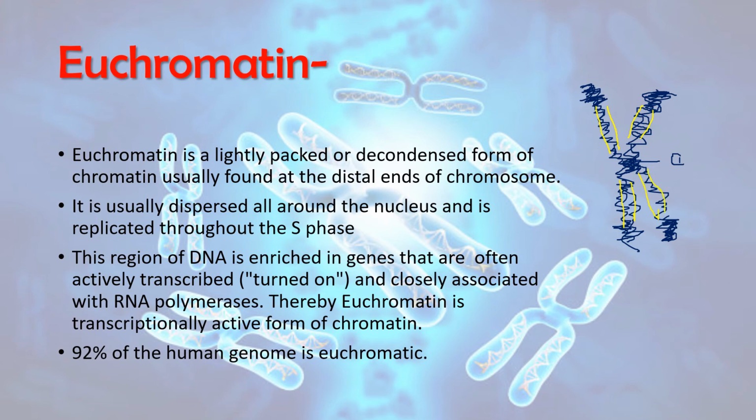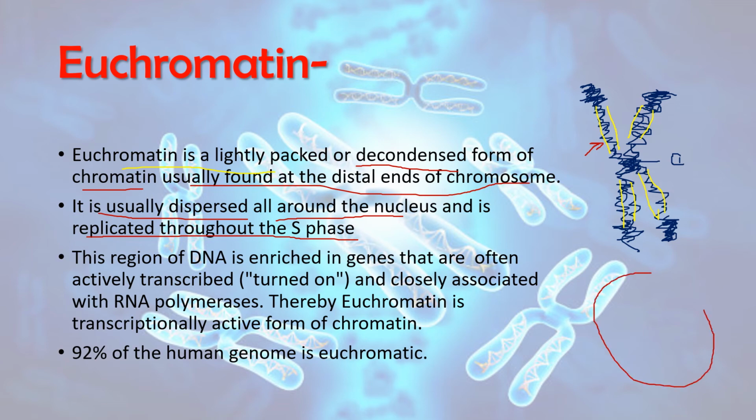So euchromatin is a lightly packed or decondensed form of chromatin, which is usually found at the distal ends of chromosomes, or we can say on the arms of chromosomes. It is usually dispersed all around the nucleus and is replicated throughout the S phase. Let me make you understand.